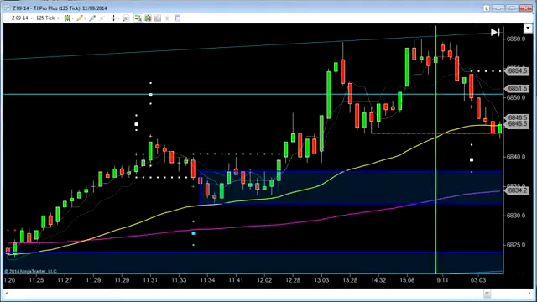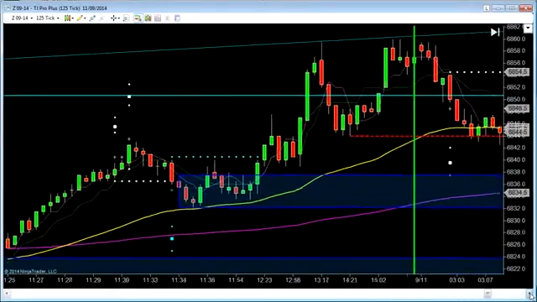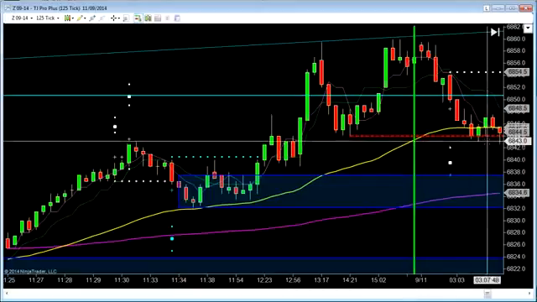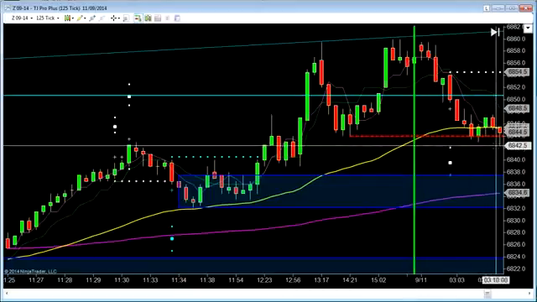So at this point we moved up a little bit, and then we came back down and we retested, and we just got through by one tick.